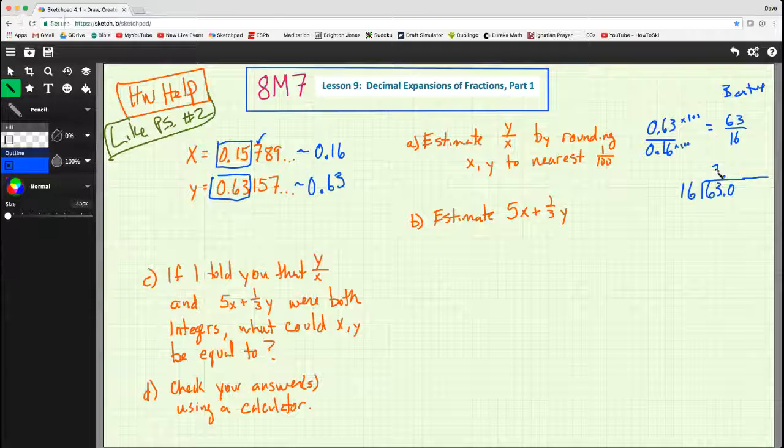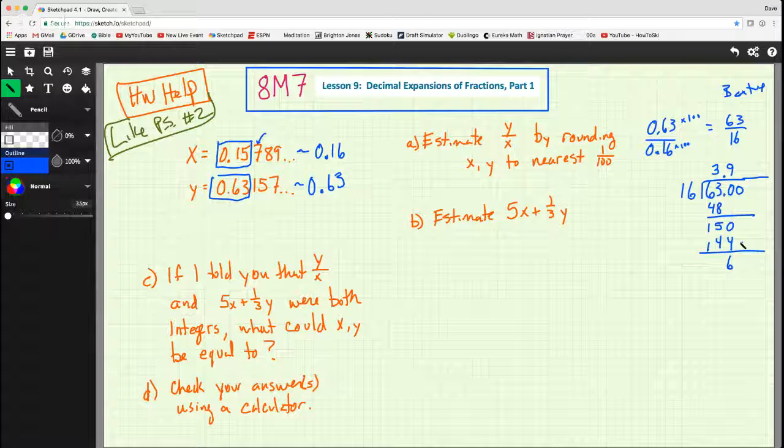So that's 3. 3 times 16 is 48. That's 1, 5, 0. So that's 9. 9 times 6 is 54. 5, 14.